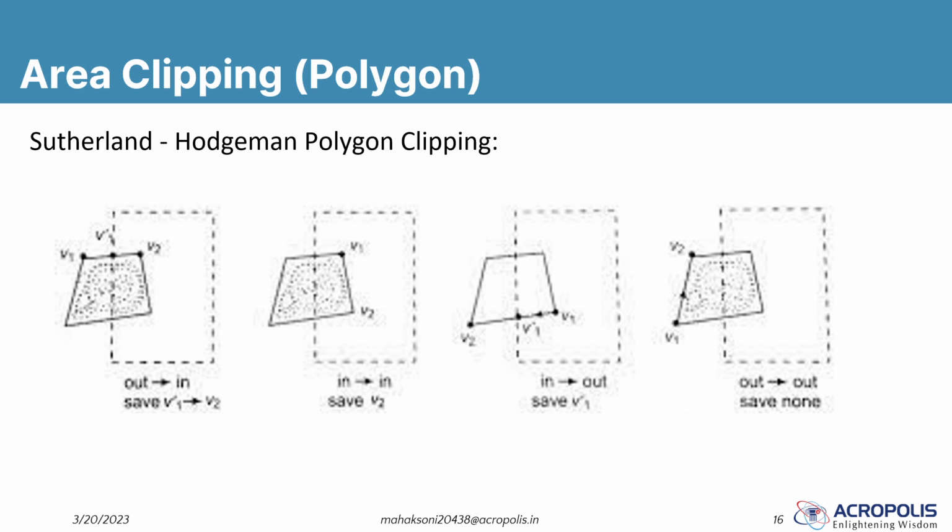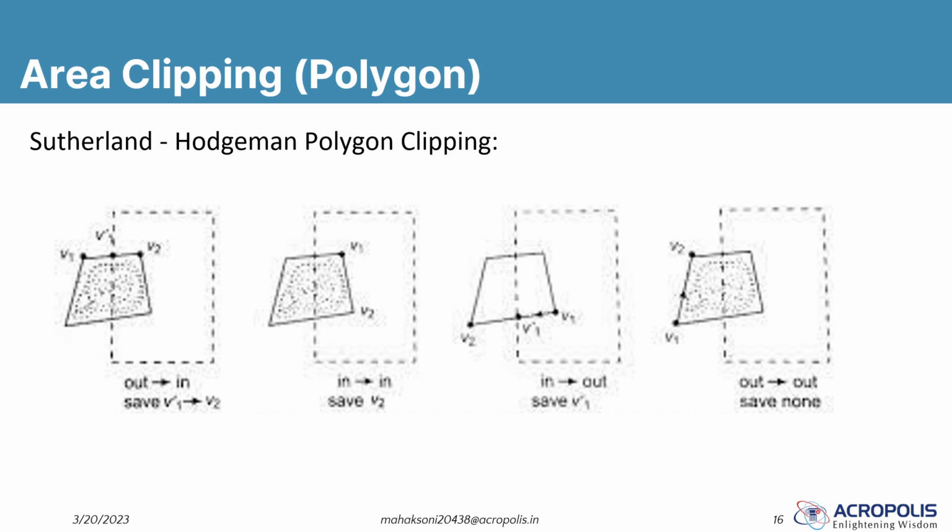That is v1 dash. Now in the fourth figure, if v1 and v2 lie outside the window, we don't need to save points. None of the points will be saved in this figure.